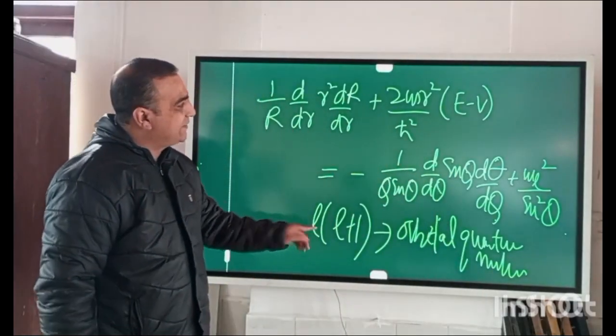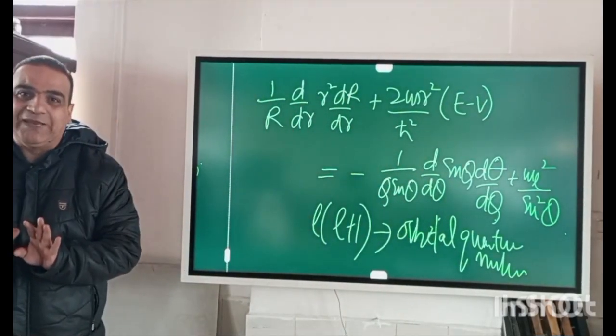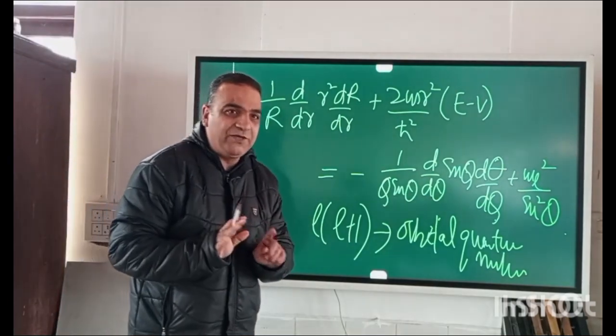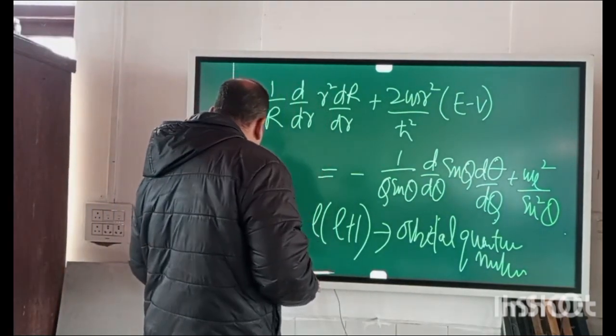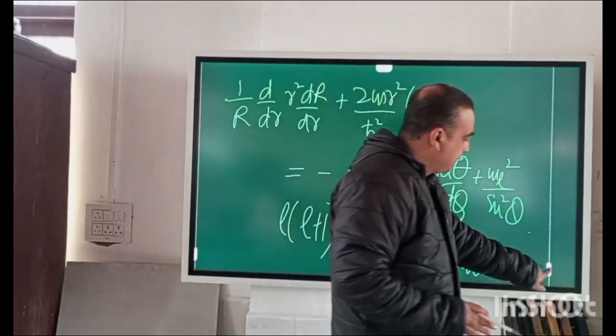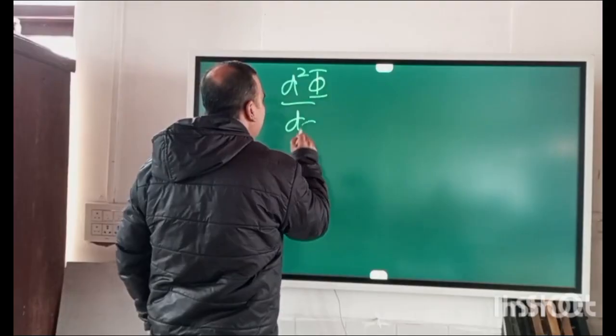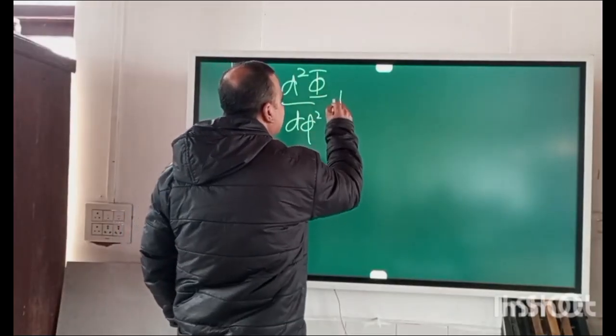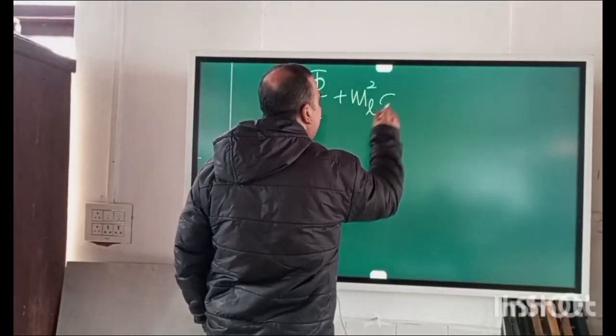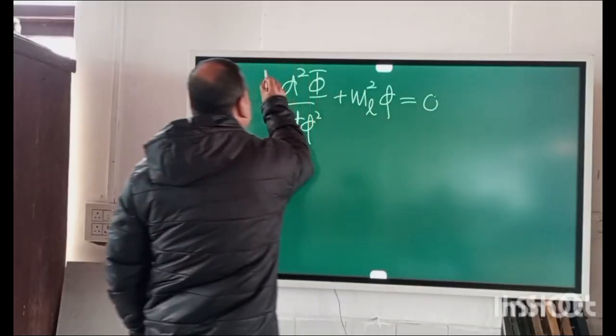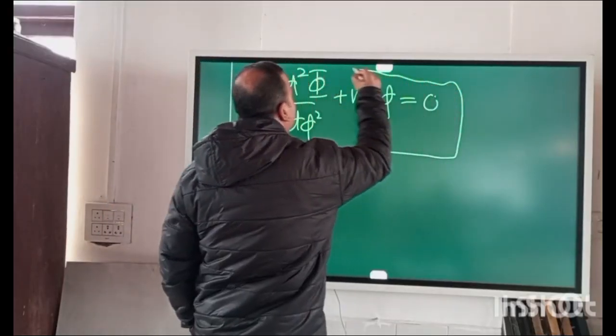So when I do this, I will have three equations in place, okay? Can you tell me the first equation in terms of phi? Ikra, come on. The first equation was d²Φ/dφ² plus m_l² Φ is equal to 0. This is my first equation.